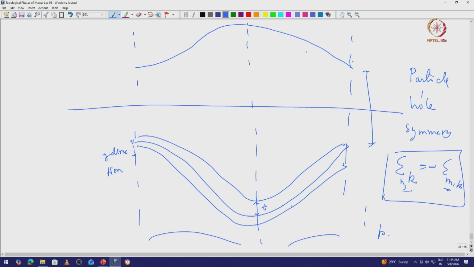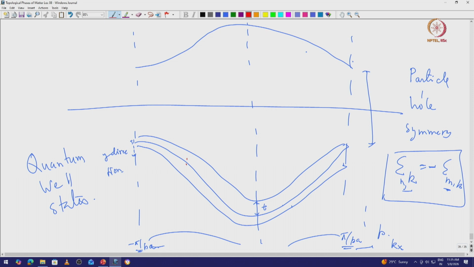This is still along kx direction. This is minus pi by Pa, this is plus pi by Pa, but along y directions we removed it, right, and these are called quantum well states. Okay.